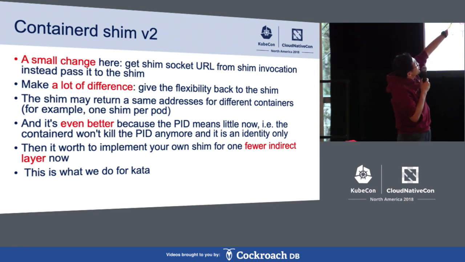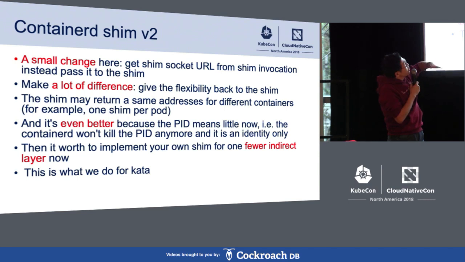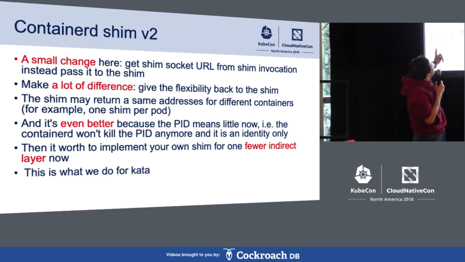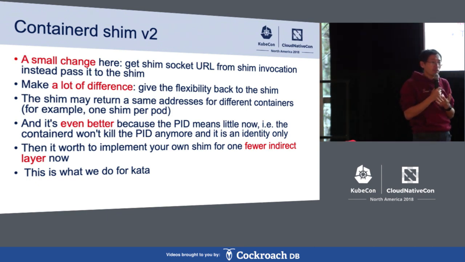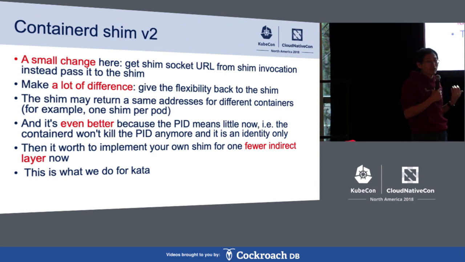In the V2 case, when you call the shim without such an address, the shim will have its own address and return the address back to containerd. The change is that the shim itself decides which address to return, and several shims may return the same address back.